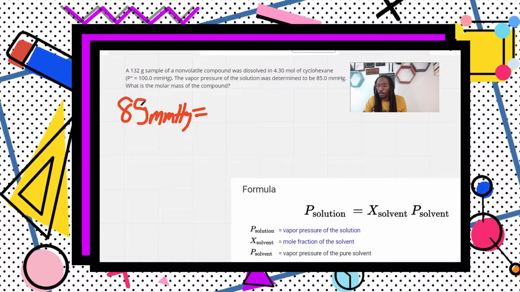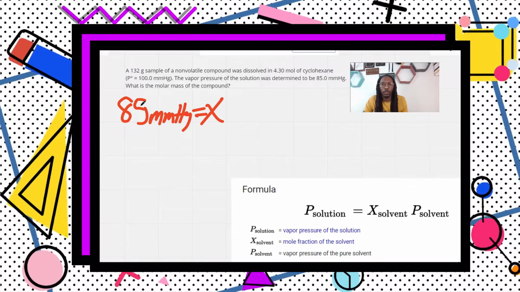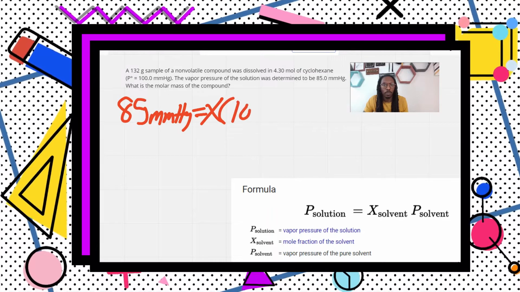What I don't know in this case is my solvent's mole fraction. But I do know the vapor pressure of my solvent, which in this case is going to be 100. It's given to us.